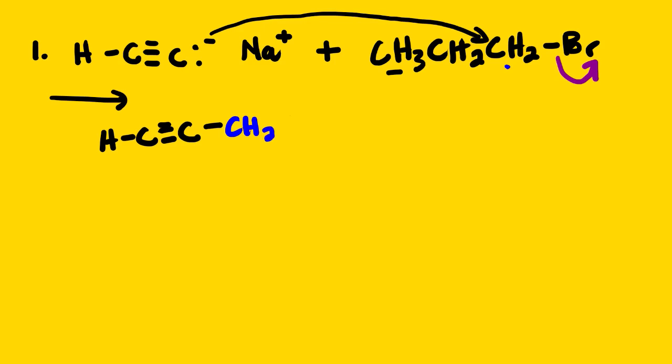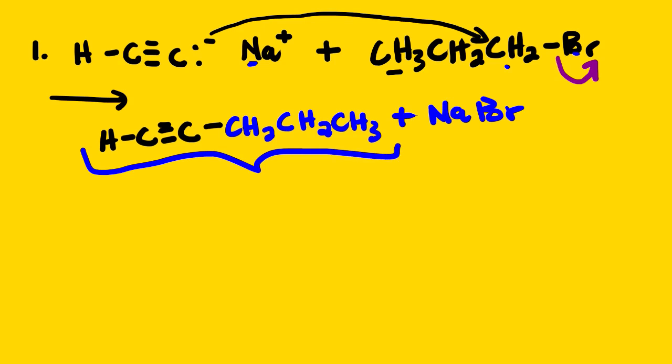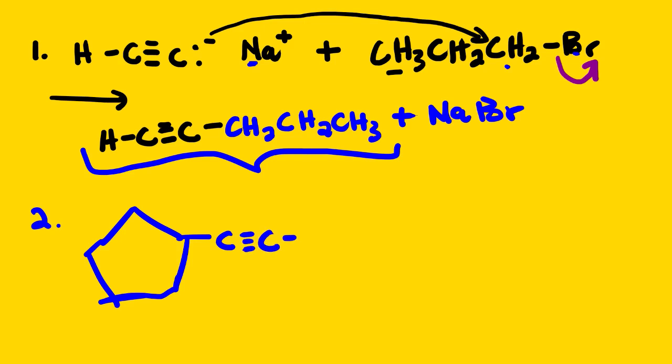So you're going to have CH2, CH2, CH3. This should be correct. And then this sodium will join the bromide ion to give sodium bromide. So you can see that we have extended our alkyne. A terminal alkyne.